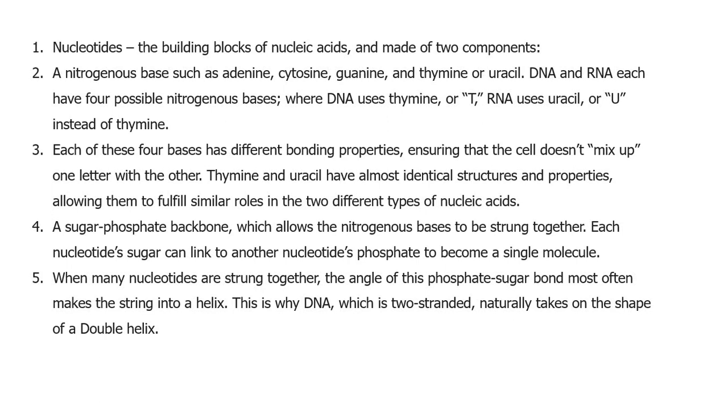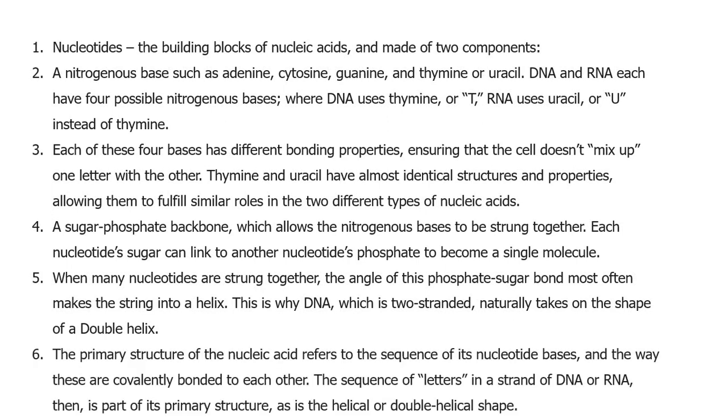Then when many nucleotides are joined together, the angle of this phosphate sugar bond most often becomes such that a helical structure develops. And that is why DNA, which is two stranded, naturally takes the shape of a double helix.